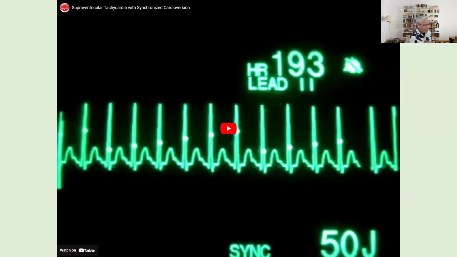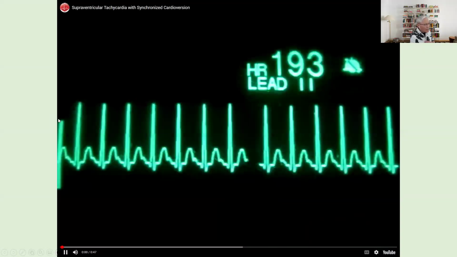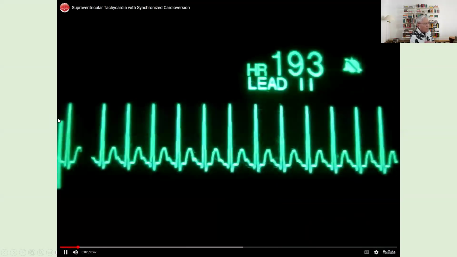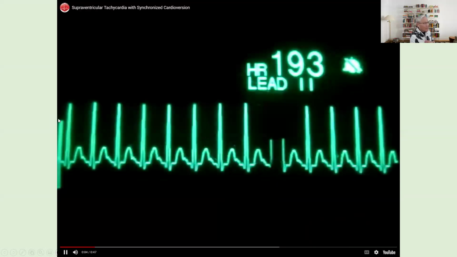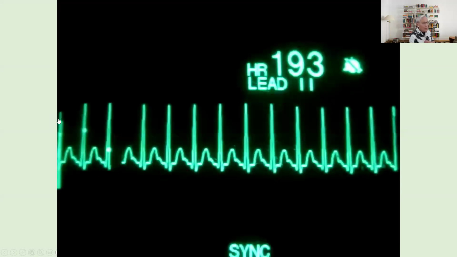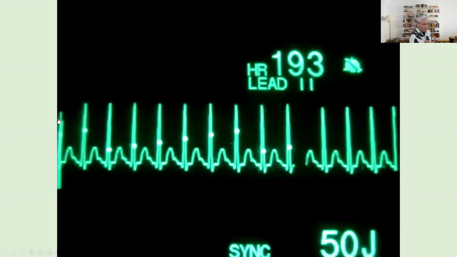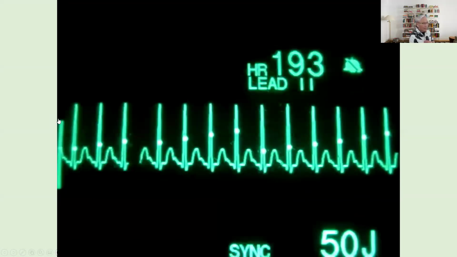Yes, we see it. Okay, so these white dots are these ones right here. So the machine is saying, I synced it. This sync right over here, it says I time it. I am going to time the delivery of the electrical current right on the dots. Do you want it there? And so if you say yes, then you can proceed with the cardioversion, or the delivery of the electrical current.